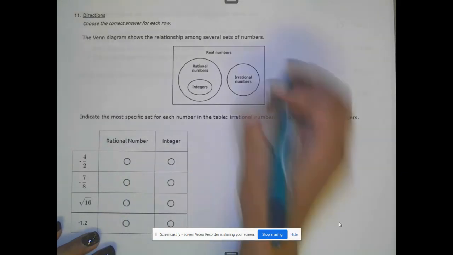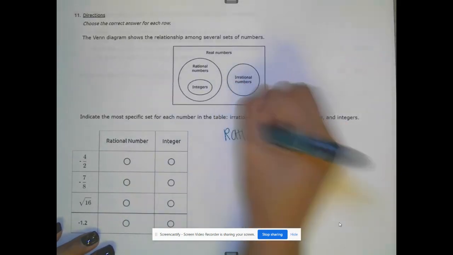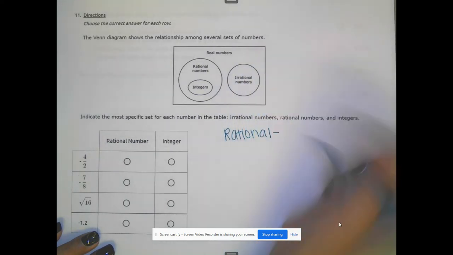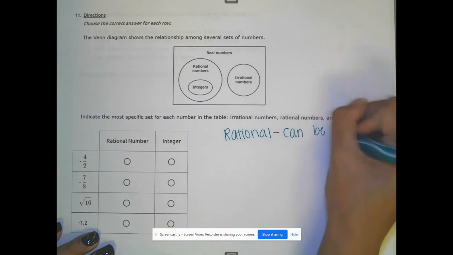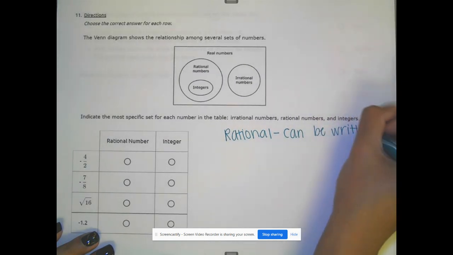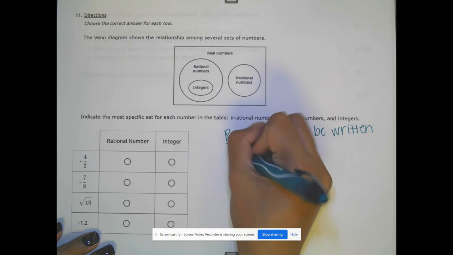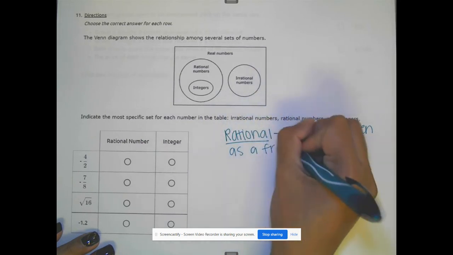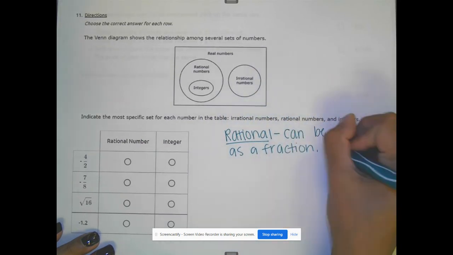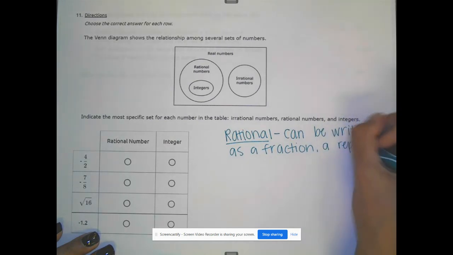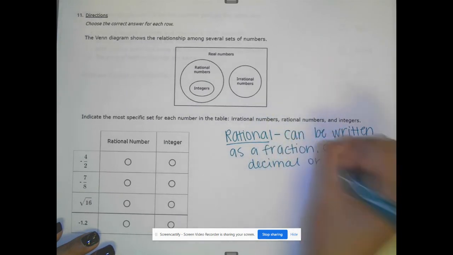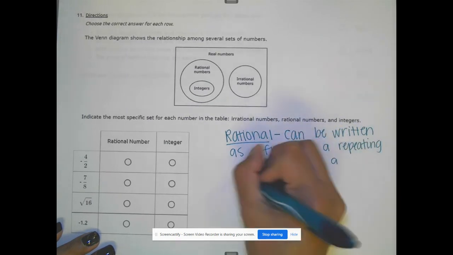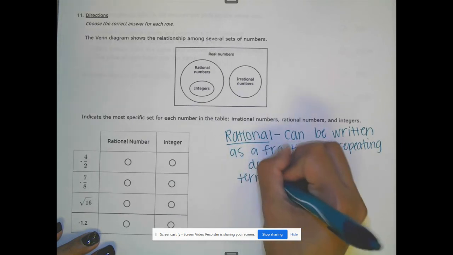So I need you to remember that a rational number can be written as a fraction, a repeating decimal, or a terminating decimal, meaning it stops.